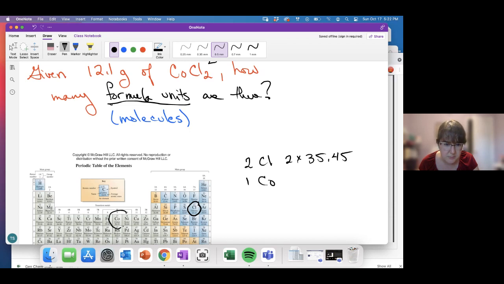Cobalt is over here, 58.93. This one I actually did not work out ahead of time. There's another one I did work out ahead of time because I knew I was going to need it. Plus 58.93. So I get in total, adding everything together, 129.83. This is grams per mole.